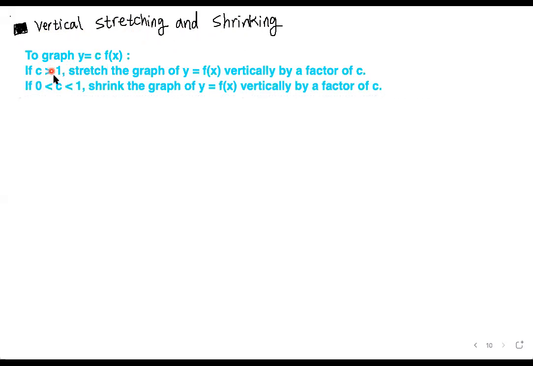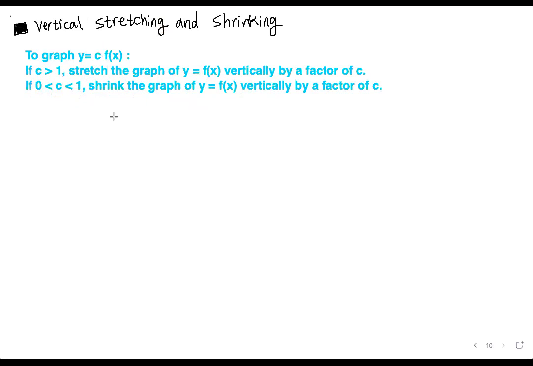If this number is greater than 1, like 2, 3, 4, 5, up to infinity, we graph the original function, then stretch it vertically. If c is between 0 and 1, for example 1/2, 1/4, or 1/3, we graph the original one, then shrink it vertically.